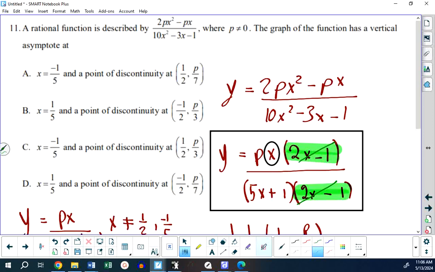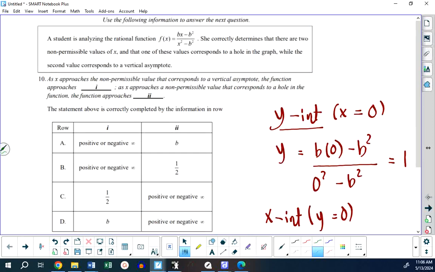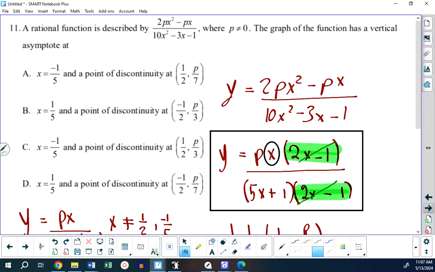The horizontal asymptote for number 10 is y equals 0 because the degree on the top is smaller than the degree on the bottom. The horizontal asymptote for number 11 is y equals 1/5, because the highest degree on the top is the same as the highest degree on the bottom, so you take the coefficients and divide them.